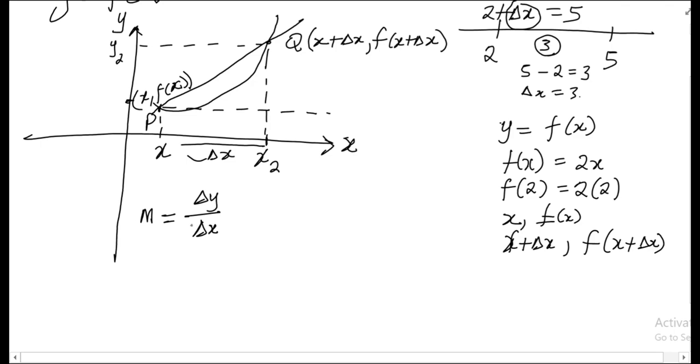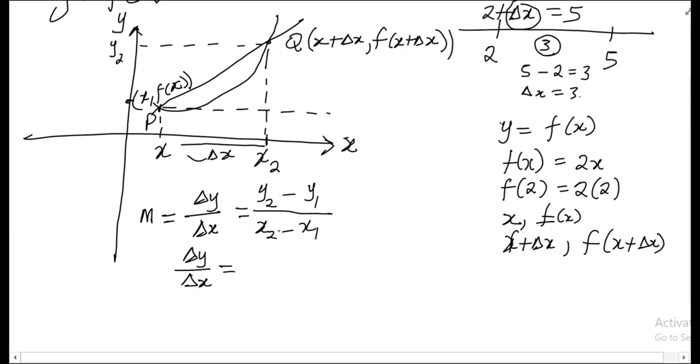So the change in y over change in x gives us the difference in y all over the difference in x. That's what we mean by dy and dx. The difference in y means you have y2 minus y1 all over x2 minus x1.